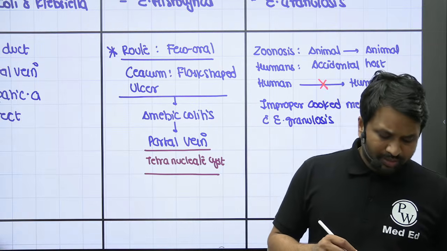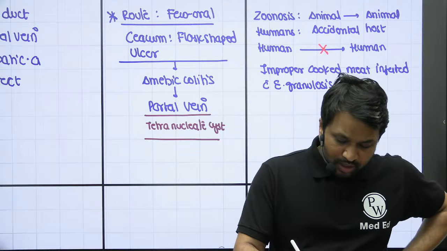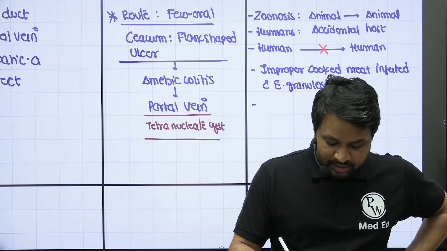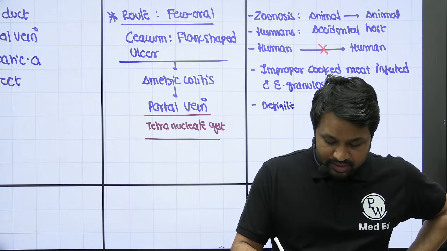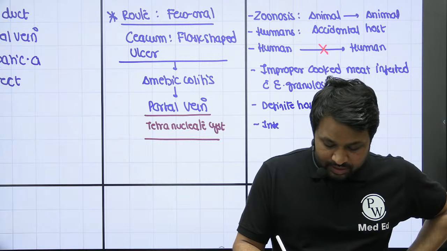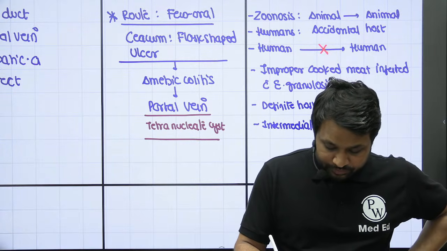Now, one common thing that they might expect from the hydatid cyst is what is the definitive host and who is the intermediate host. Remember three things. One is your definitive host, where there is a sexual cycle. Then there is an intermediate host through which it is going to transmit.